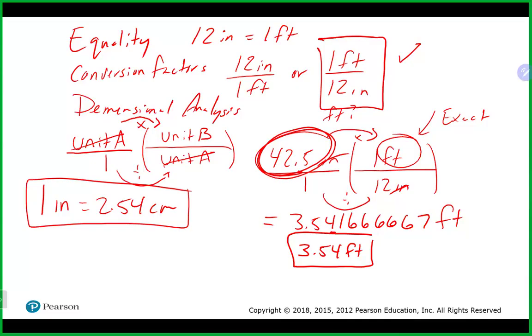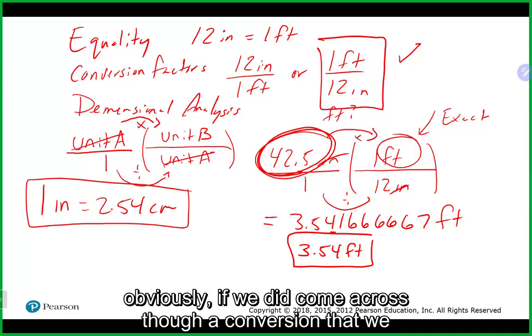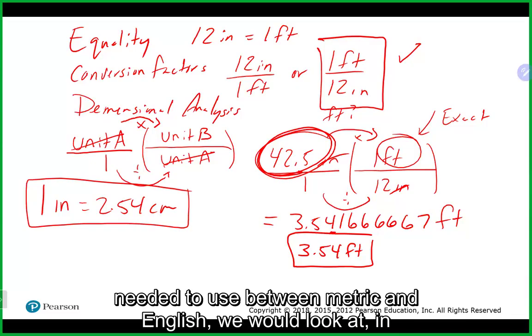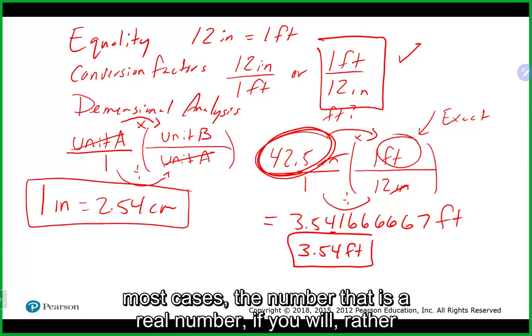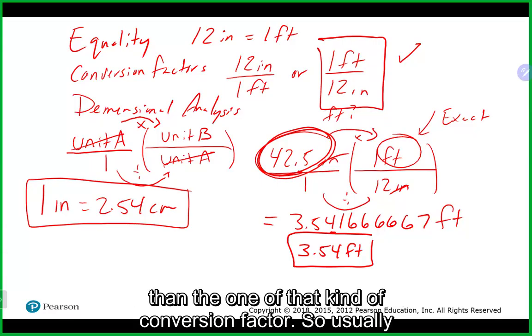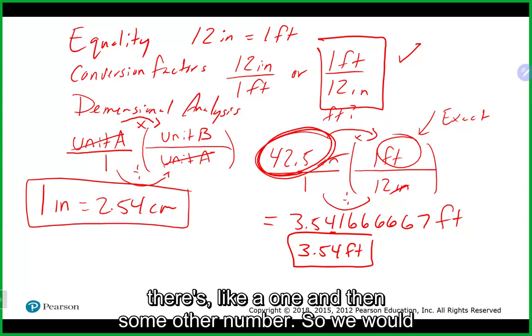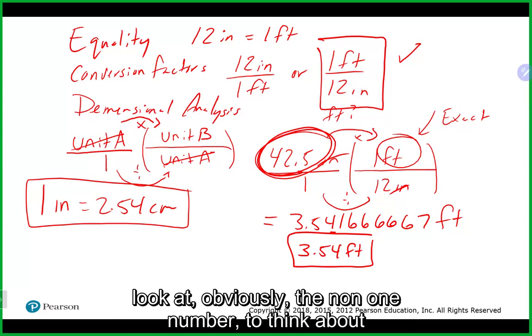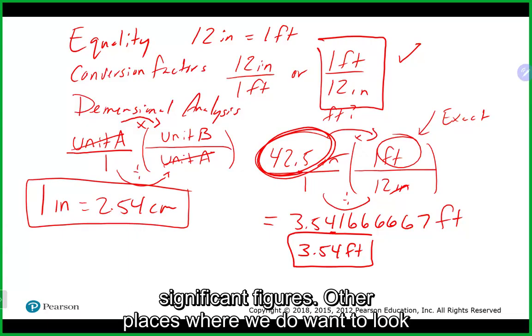Okay. If we did come across a conversion between metric and English, we would look at, in most cases, the real number, if you will, rather than the 1 in that kind of conversion factor. So usually there's a 1 and then some other number, and we would look at the non-1 number to think about significant figures.